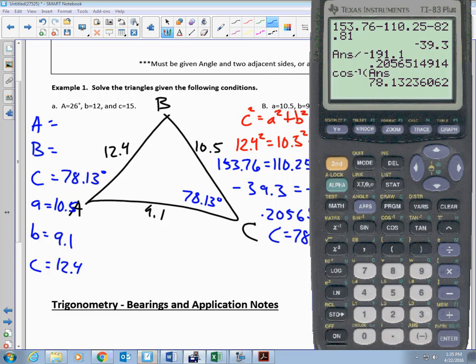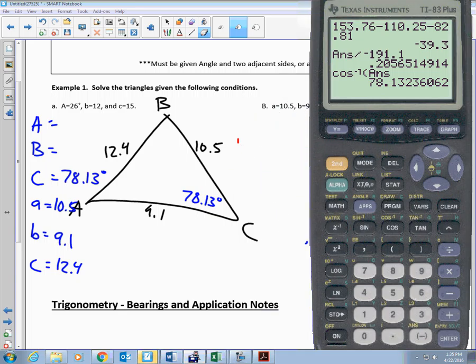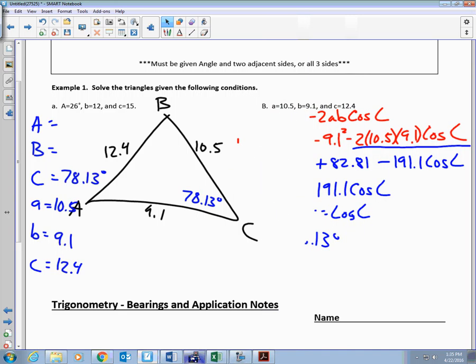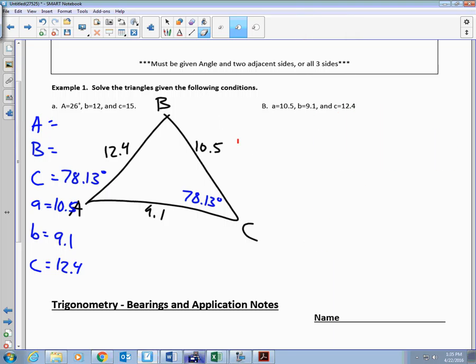You got any bright ideas of what to do now? As long as we found the biggest angle, it doesn't matter which one we solve for now. But we will use the law of sines. Let's set it up. If you didn't find the largest angle first, then you would have to go back through that response.